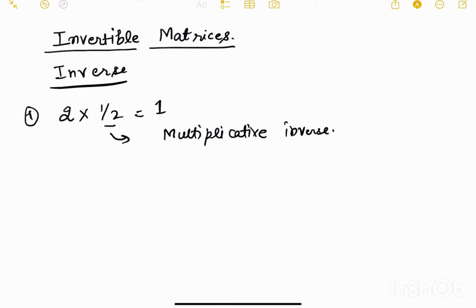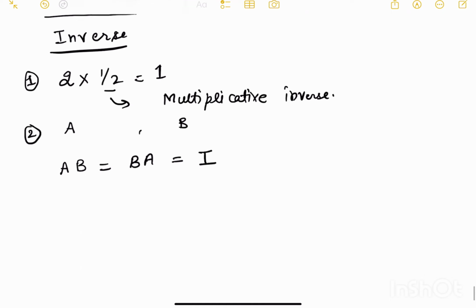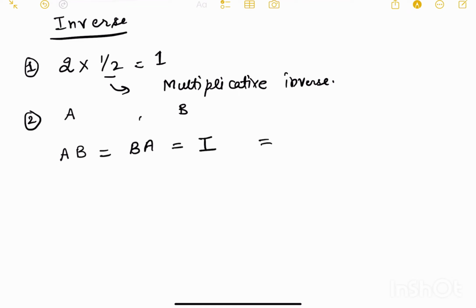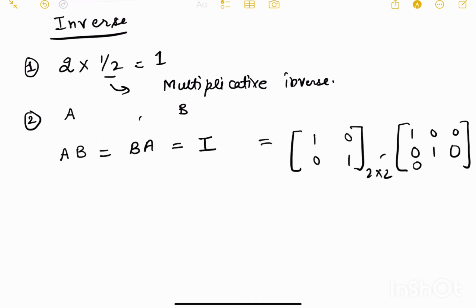So, on a similar line, in matrices as well, we have this concept where I have two matrices A and B. If I get the relation that AB and BA are equal to identity, now, in matrices, the identity matrix plays the role of my 1. If I were to consider 2 cross 2, and if I consider my 3 cross 3 order, this is my identity matrix.